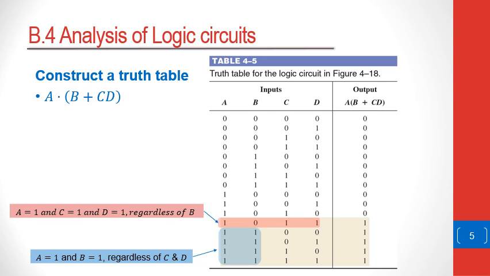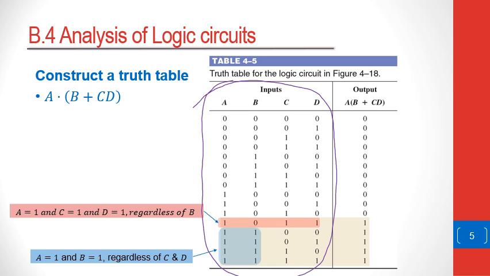Now, from that observation, we can construct a truth table of the logic circuit. The way we construct the truth table, first you start off with the possible inputs.